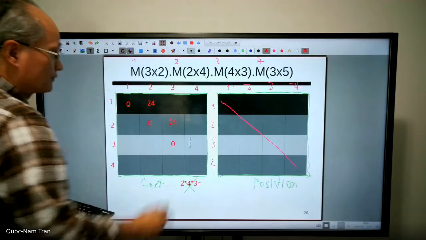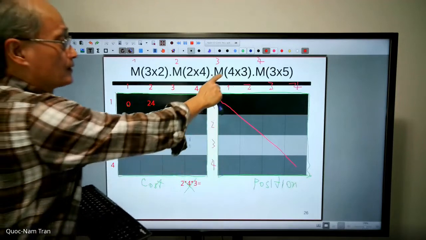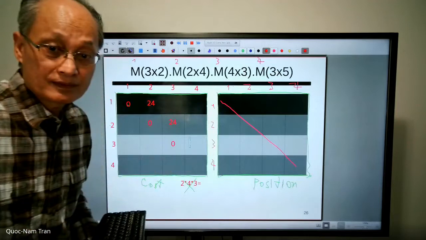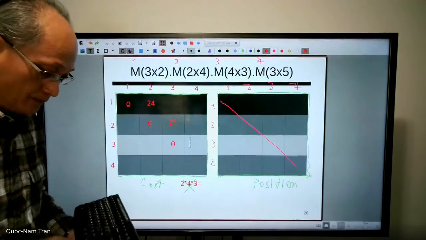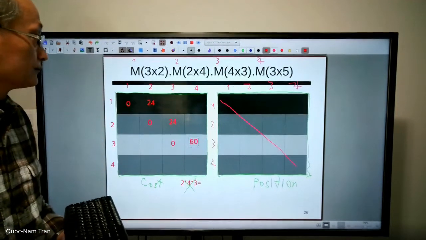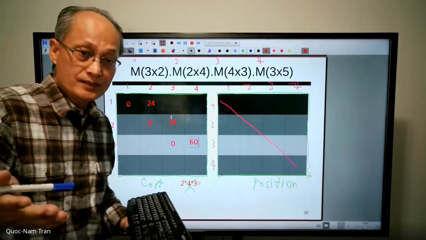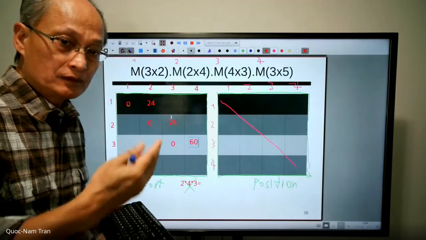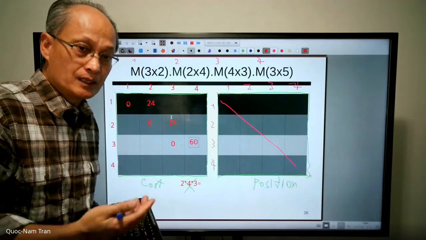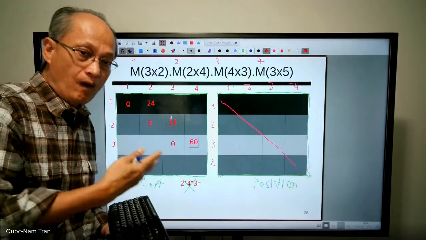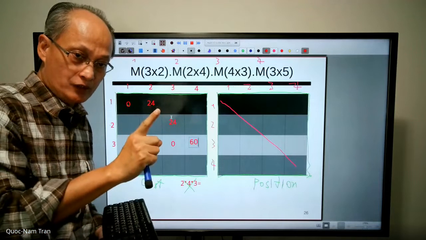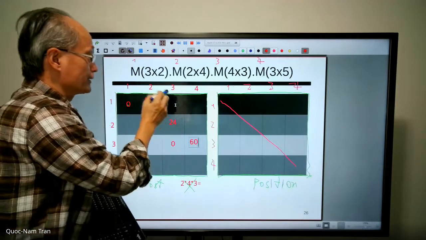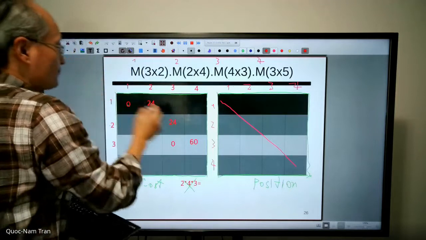What do we have? 60. Very good. Okay. So that is the sequence of two matrices. Remember that first we record the cost for all sequences with one matrix and then two matrices, and now we go to three matrices.